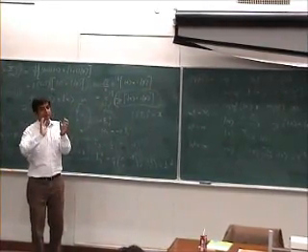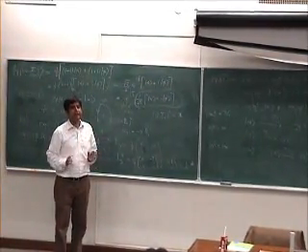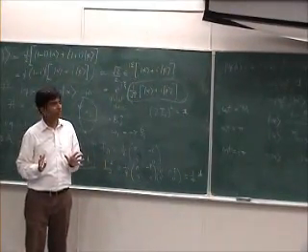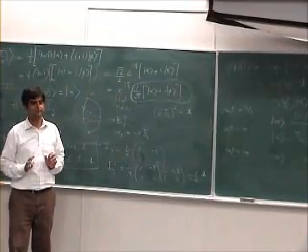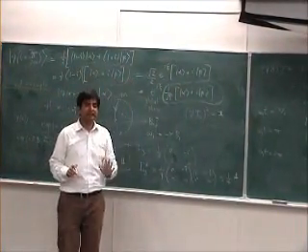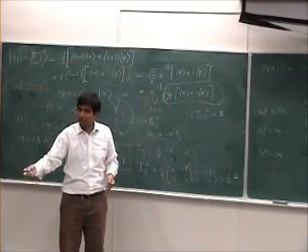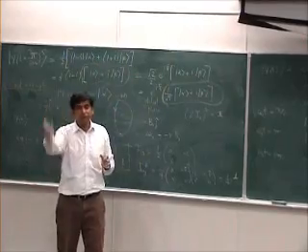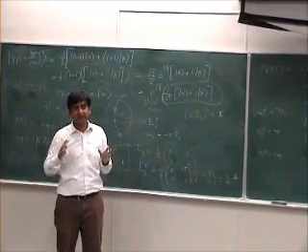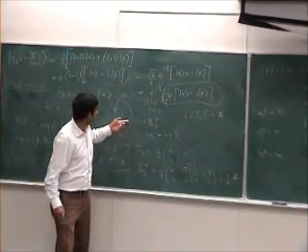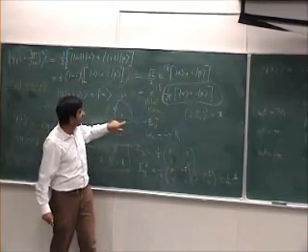Every NMR experiment can be thought of as a rotation on the Bloch sphere. You apply a magnetic field. The direction in which the magnetic field is applied becomes your axis of rotation. And how much do you rotate is determined by the magnetic field or the time. In this case, you apply the field along the y direction.